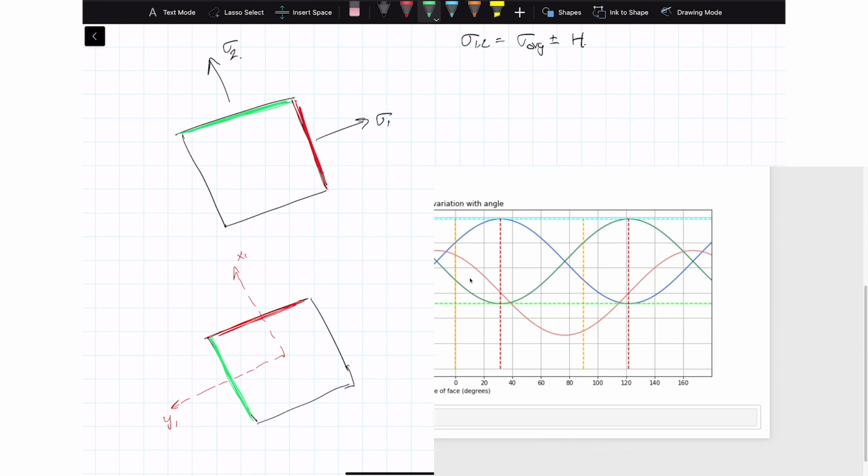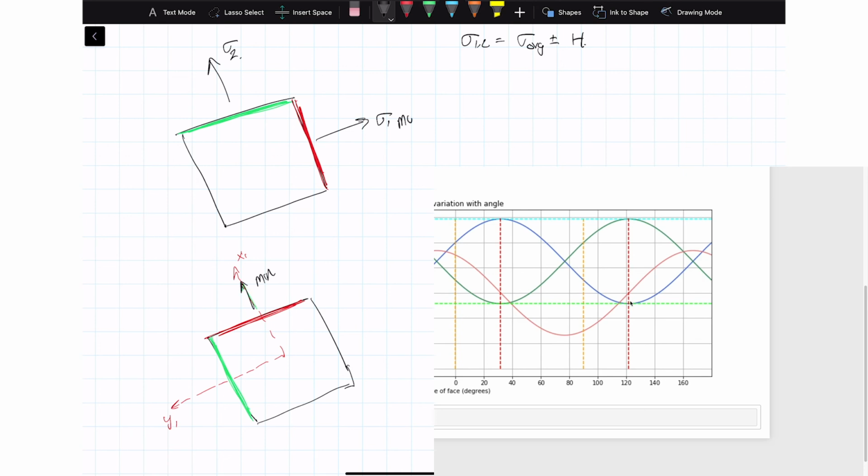And what's the value of x1 now that I've rotated further around by 90 degrees? Well, let's come back over to our plot. Sigma x1 has now gone all the way down, because remember this plane is now orientated at 120 degrees. It's now down at its minimum value, so the stress acting on this plane is now a minimum.